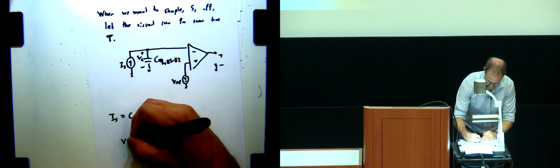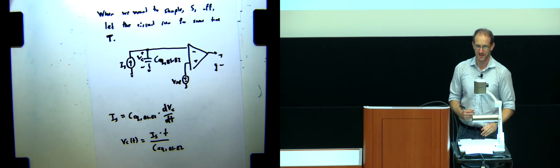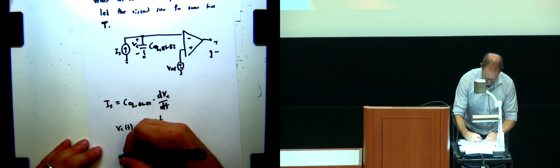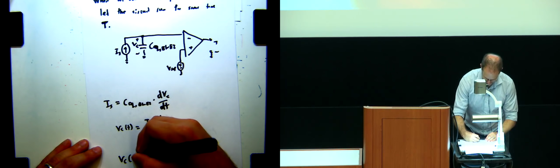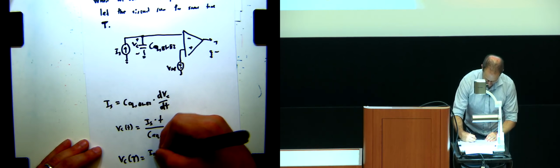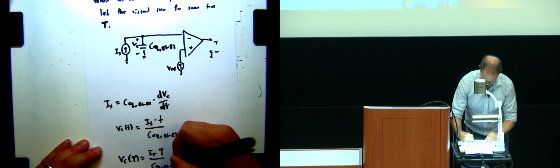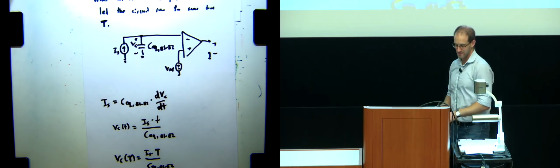This would say that VC as a function of time is just equal to IS times time divided by CEQ. So if you let this run for some fixed time period T, at that time you would just get IS times T divided by CEQ.